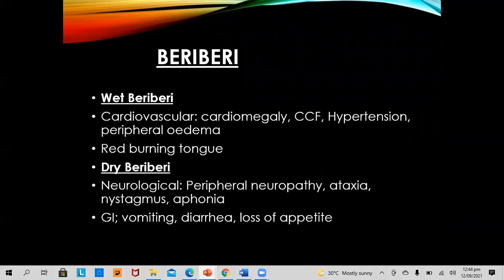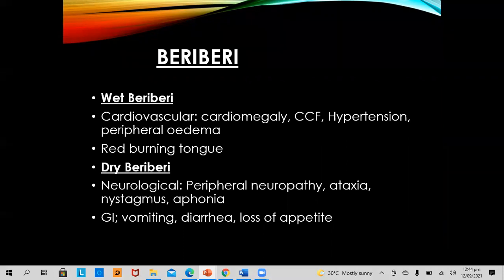The deficiency disease due to thiamine or B1 is called beriberi. And there are two types of beriberi, wet beriberi and dry beriberi. Wet beriberi affects the CVS mainly, and dry beriberi causes neurological manifestation and affects the CNS.